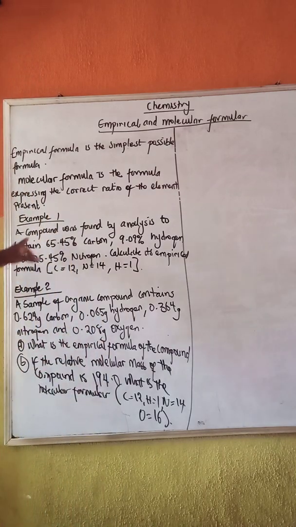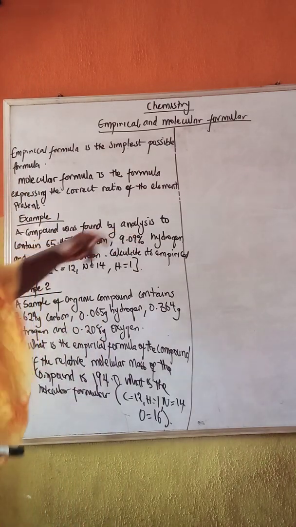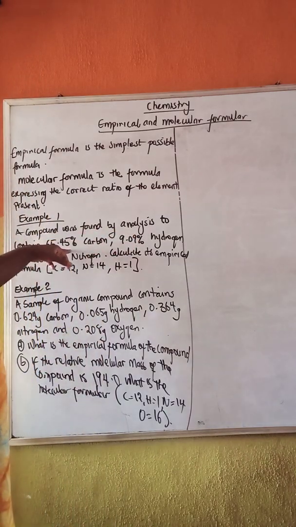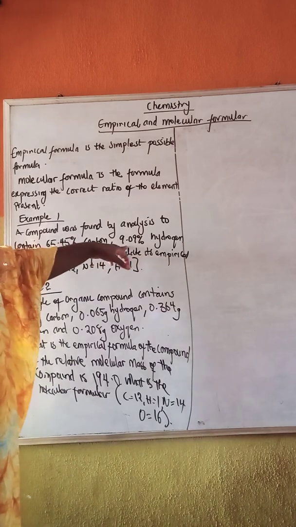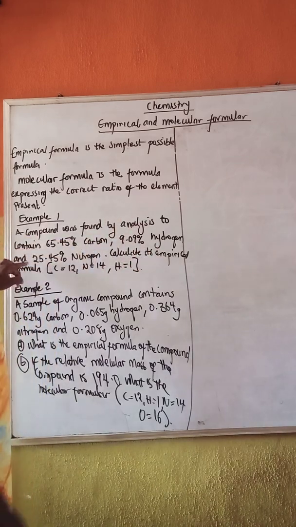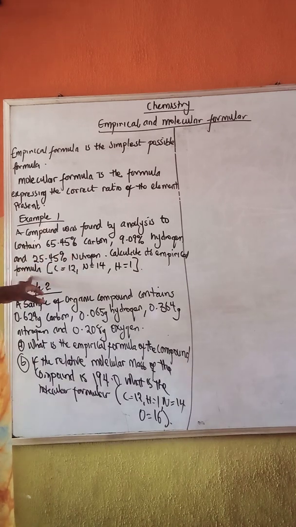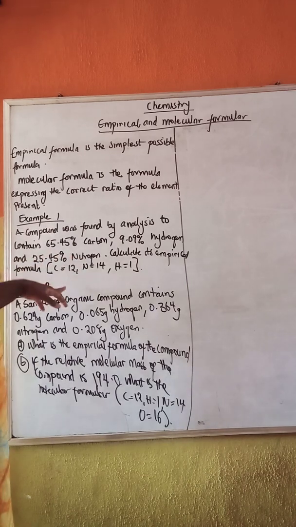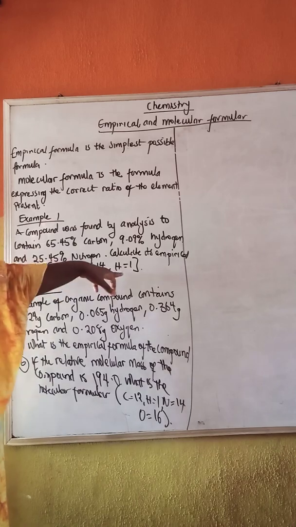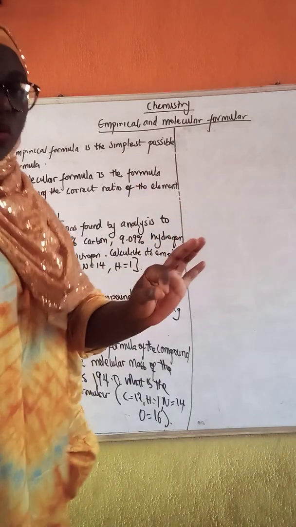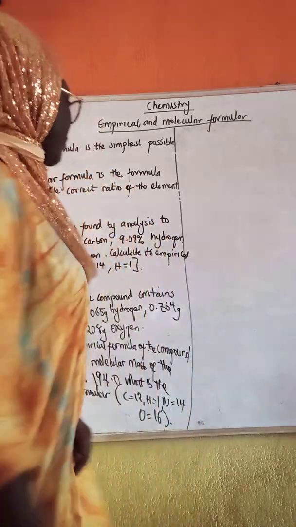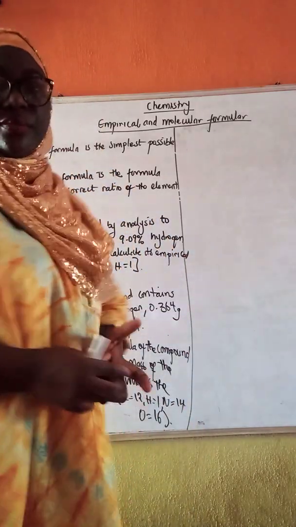Now let's look at this question for proper understanding. A compound was found by analysis to contain 65.45 of carbon, 9.09 of hydrogen, and 25.45 of nitrogen. Now we are told to calculate the empirical formula. Mind you, all these are the mass numbers of the constituents of that compound. Now let's make it this way.